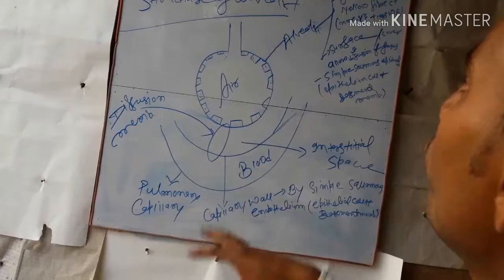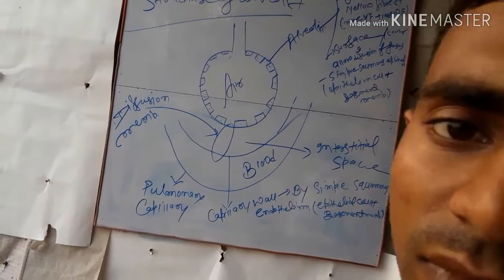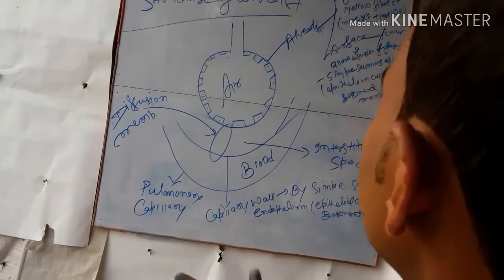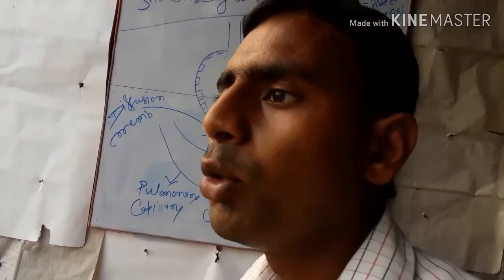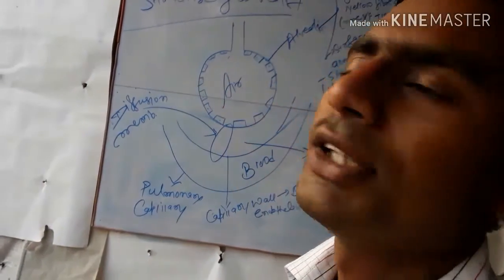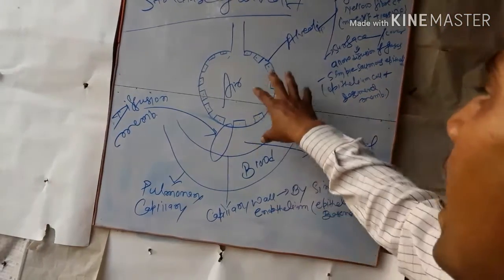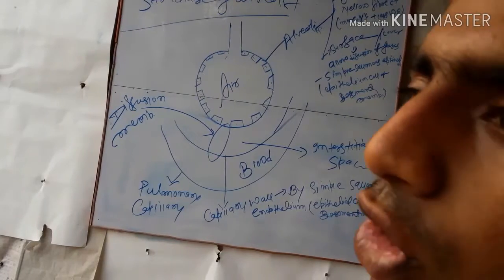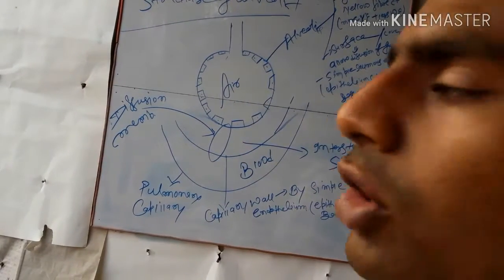The frame provides elasticity. The frame of the alveoli that provides elasticity is yellow fiber connective tissue, meaning more yellow fiber and less white fiber. And the surface, the cover of the alveoli, allows diffusion of gases.